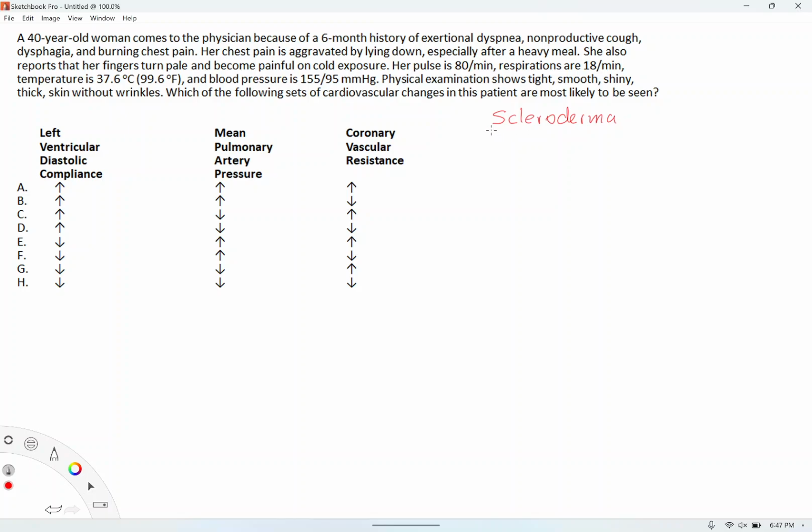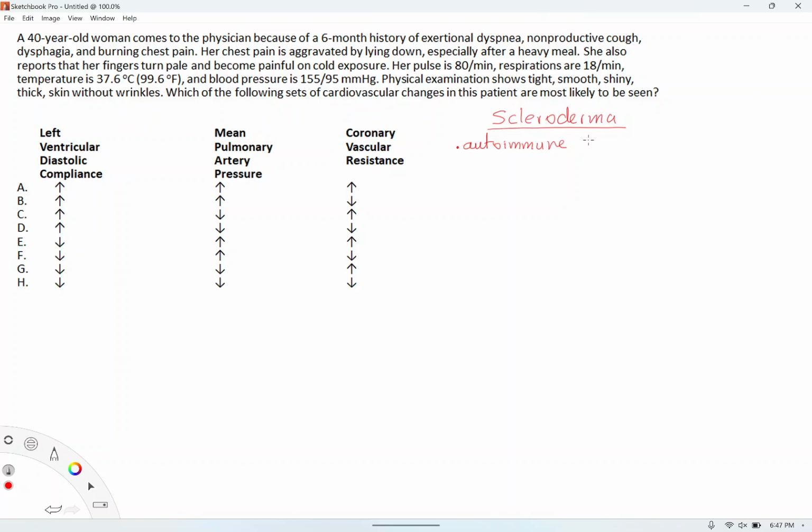Now, to know what scleroderma is, it is really important for us to know: number one, scleroderma is an autoimmune disease in which fibroblasts are superactivated, usually by CD8 cells or antibodies.